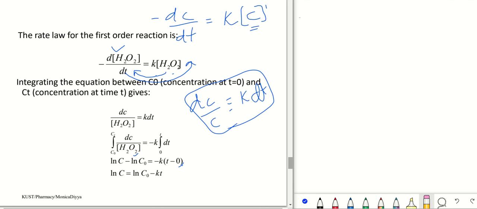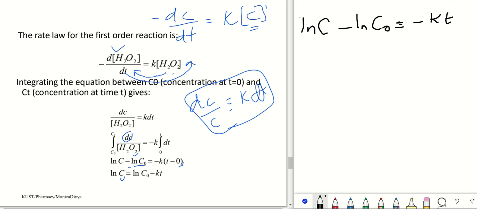Integration of C minus integration of C naught, the initial concentration, where C represents the concentration at that particular time interval, is equal to minus kt. So integration of C is equal to integration of C naught minus kt. We have taken this onto the other side.